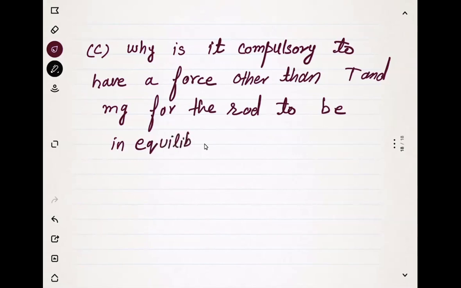Basically the question is that if the rod is to be in equilibrium, then there should be some other force other than T and mg. So the question has three parts in total.